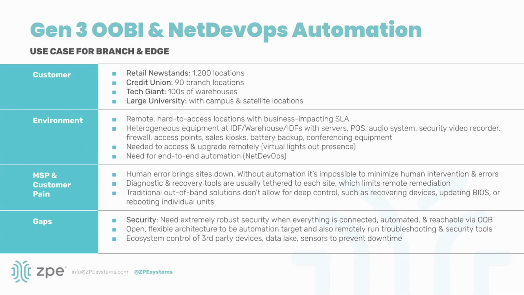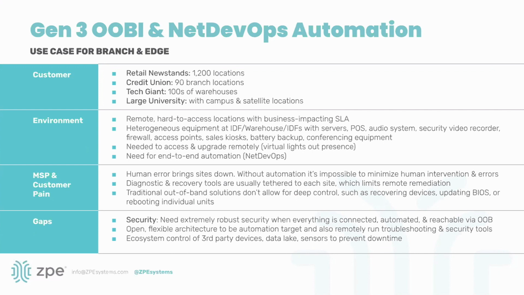Some of these customers are managed by MSPs, right? And so for an MSP, it's costly to roll a truck, and oftentimes after a couple of truck rolls, you lose money on that site. So how do you then make sure that a branch is always running and be able to prevent it from going down and remotely recover?